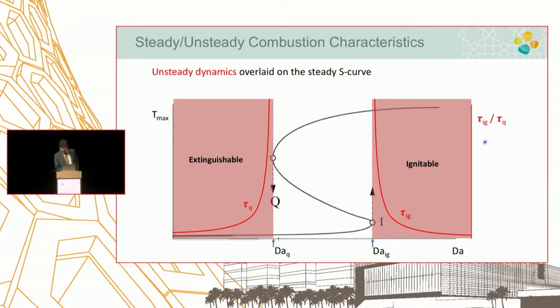So this red axis is a time axis, the ignition delay time of that system as a function of Damkohler number as it approaches the ignition limit. And at that exact ignition point is a kind of mathematical singularity. It'll go to infinity. Same thing can be expected, though people don't talk about it much, if you want to capture how long it takes when the flame actually goes away.